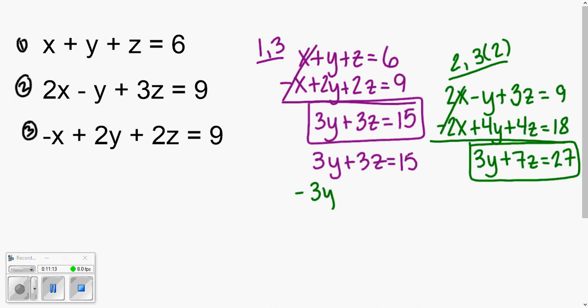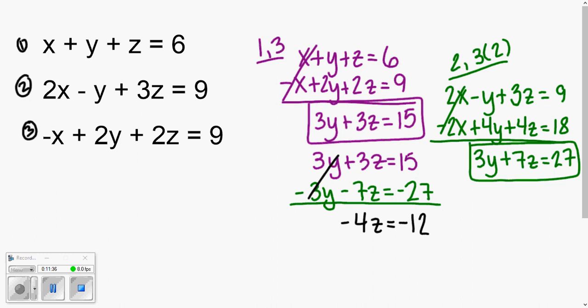So negative 3y minus 7z equals negative 27. So my y's cancel. 3z minus 7z is a negative 4z, and 15 minus 27 is a negative 12.